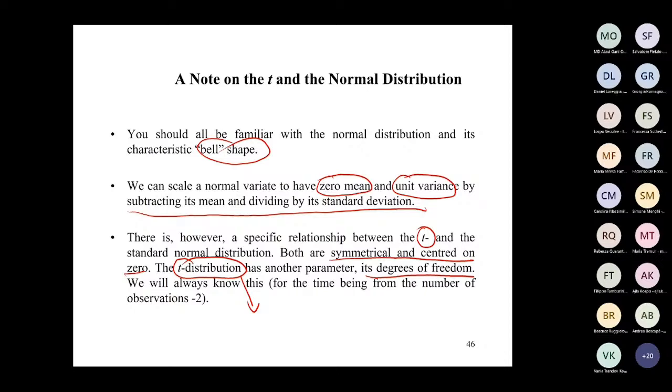When we have many observations or when we have few observations? A small sample. That's good. So usually, when we have a relatively small sample, what does a relatively small sample mean? We don't know.